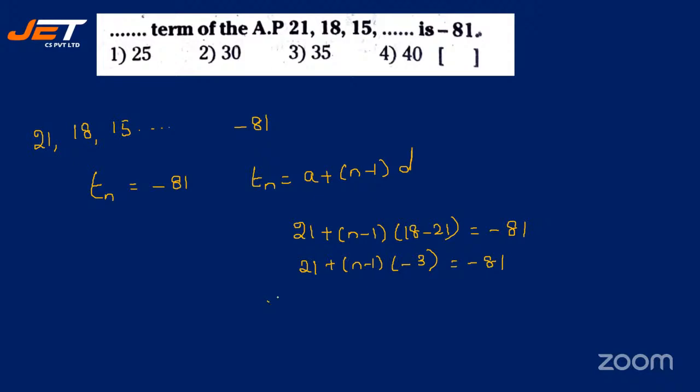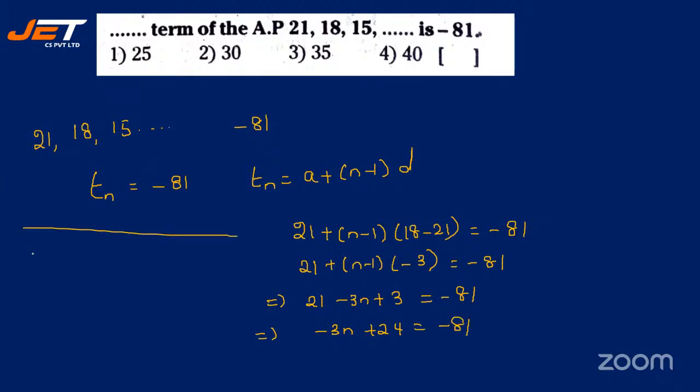So now 21 minus 3n plus 3 is equal to minus 81. So 21, 22, 23, 24, so 24 minus 3n is equal to minus 81.